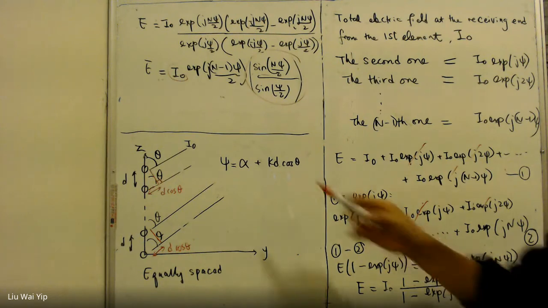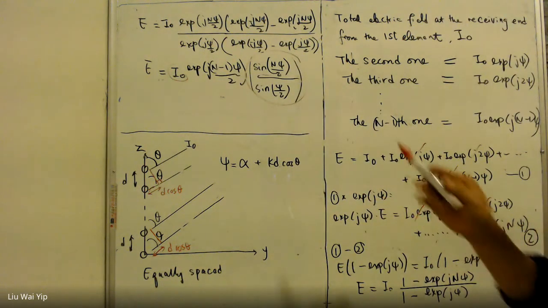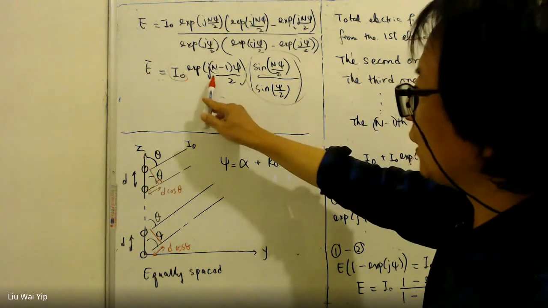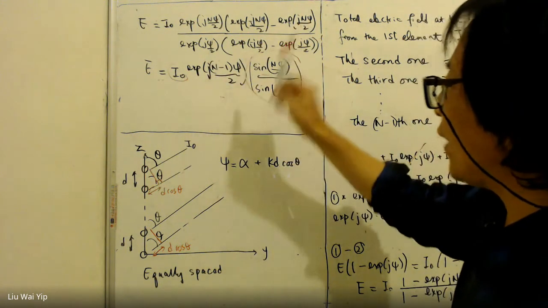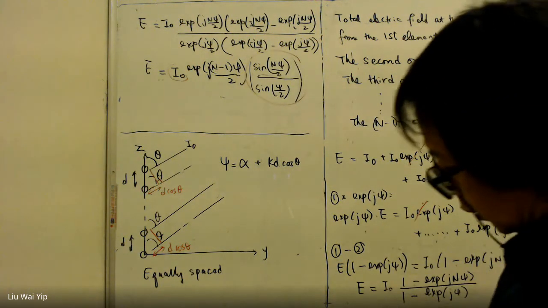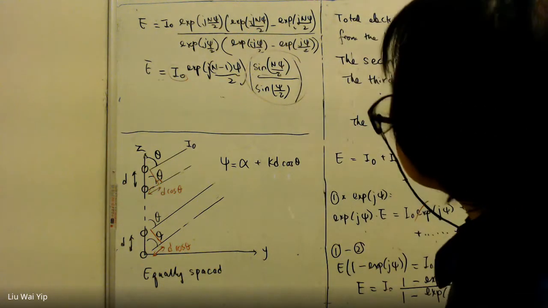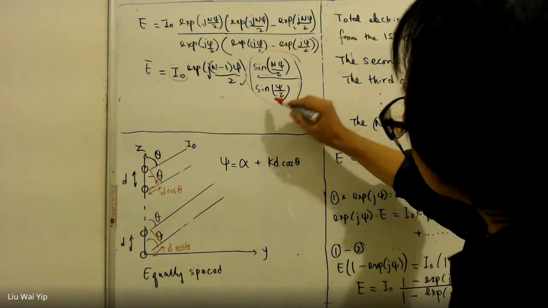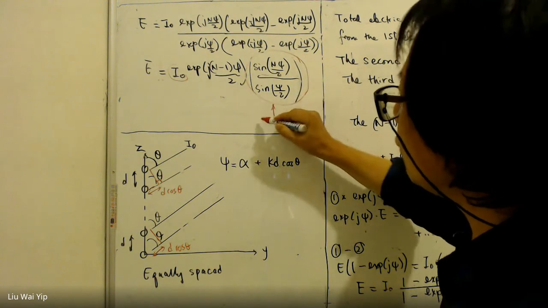And this one here is going to be a complex number. This one is not going to affect the magnitude. The only thing that can affect the magnitude is this one here. So we have a special term for this expression, and this function here is the so-called array factor.